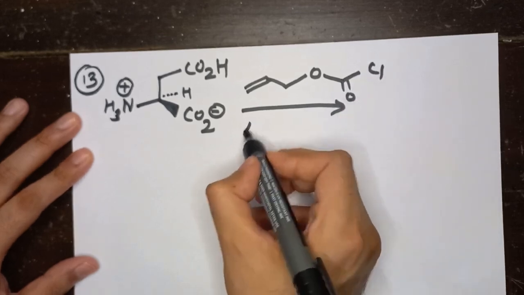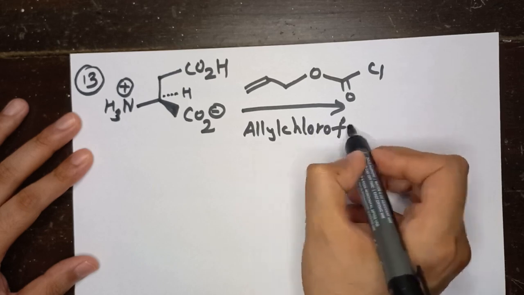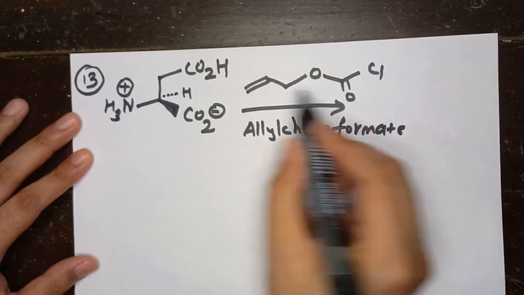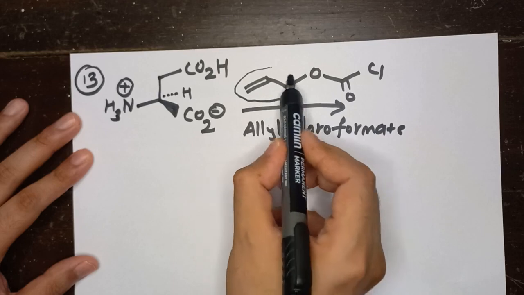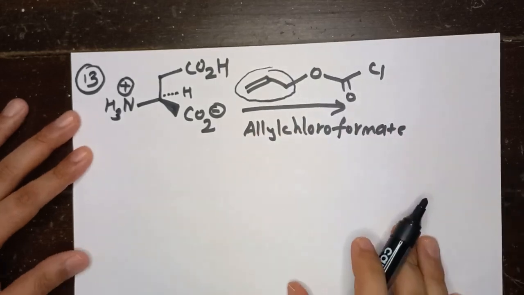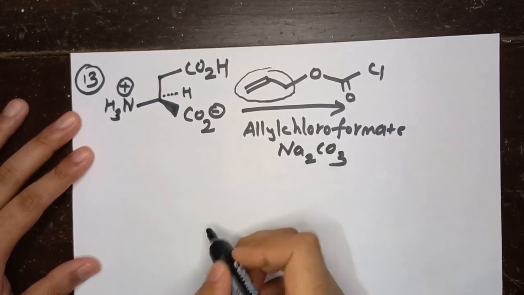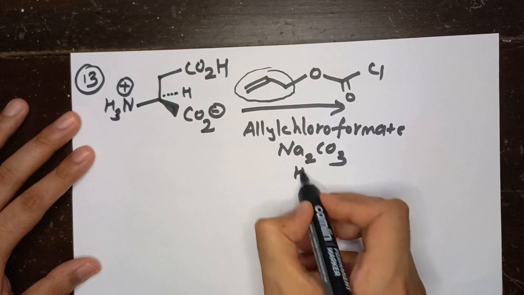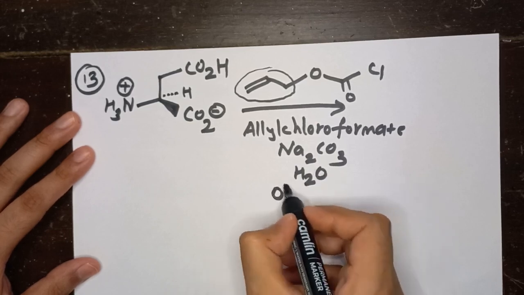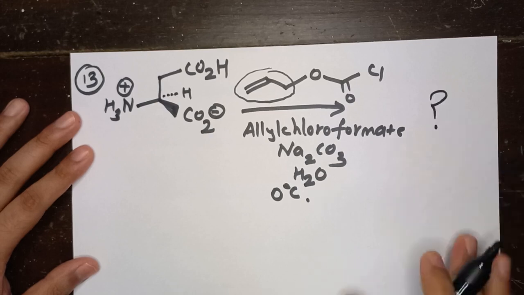This is what we call the allyl chloroformate. So this group is allyl and chloroformate. In presence of a base, sodium carbonate, water, 0 degrees Celsius reaction, and you are getting your product.